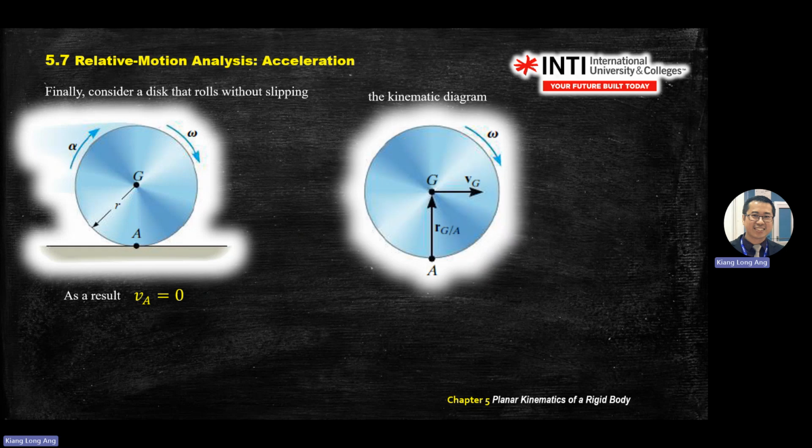So you switch to the kinematic diagram. If this rotates about the center of gravity, what you're seeing here when this rolls is that the center of gravity is actually moving to the right. So you have Vg to the right. Then from A, it always refers to G, from the G location referring to A. So you write Rg stroke A pointing inside.